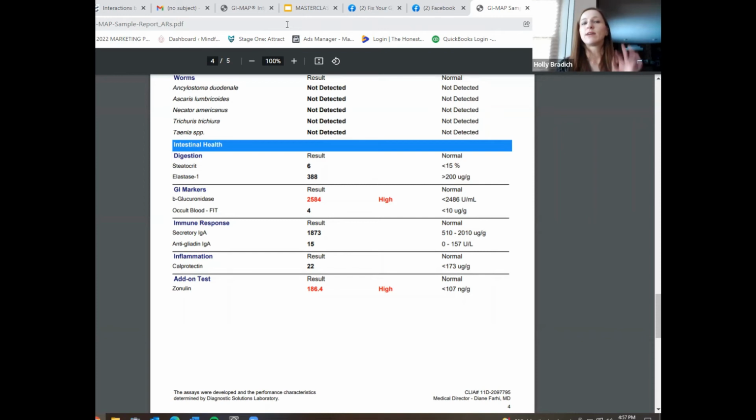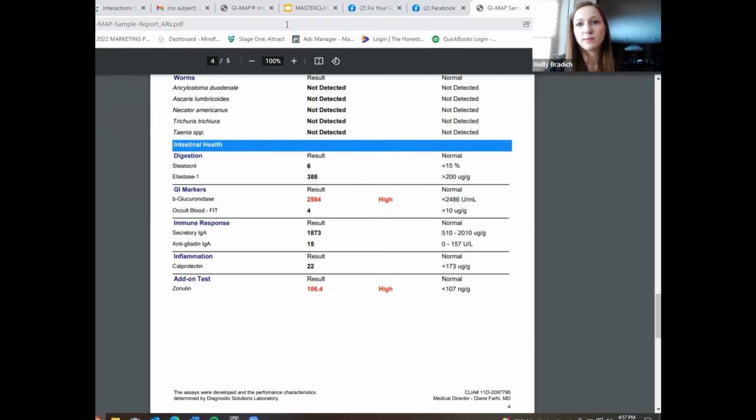But that also tells me that there's something not working in the upper gut. So either they're not producing enough bile from the liver, gallbladder, or releasing enough bile, and or they don't have enough stomach acid or digestive enzymes, and or their pancreas is not producing enough pancreatic enzymes. And that's the second one there, elastase 1, that is a pancreatic enzyme.